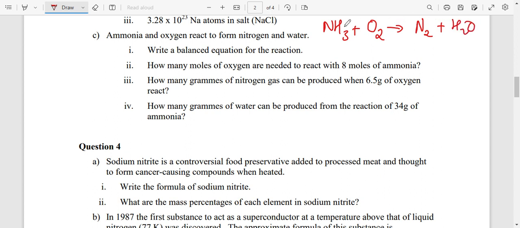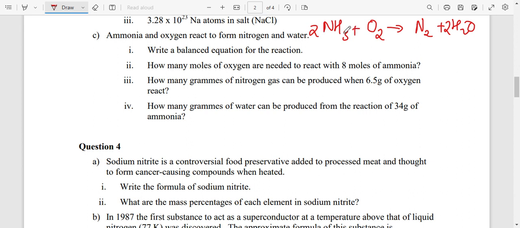So a balanced equation, we have got two oxygens here, so we're supposed to also have two oxygens. So I'm going to put a 2 here. That makes the hydrogens 4. So now to balance the hydrogens is going to be tricky. So the first thing that I'm going to balance is the ammonia. We have got two nitrogens, so I'm going to put a 2 here to balance the nitrogens.